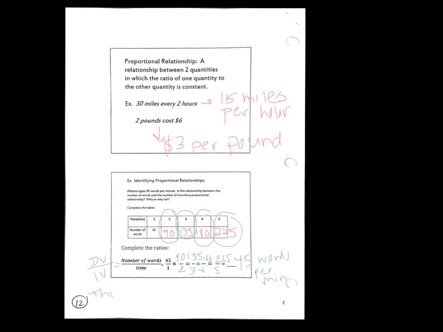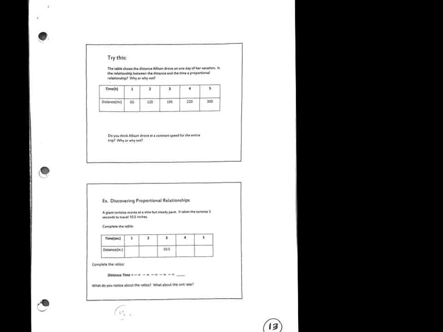So this is proportional because it has a constant ratio. Excuse my handwriting on here, it's a little tough to write. Let's go ahead and flip to the next page.